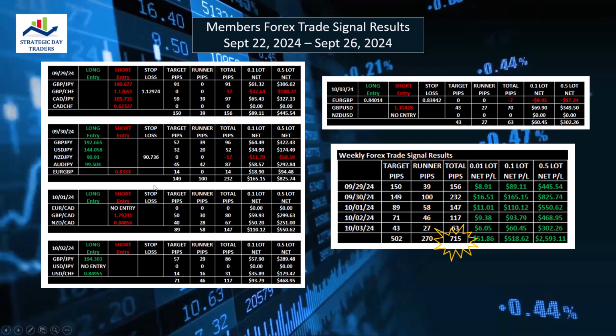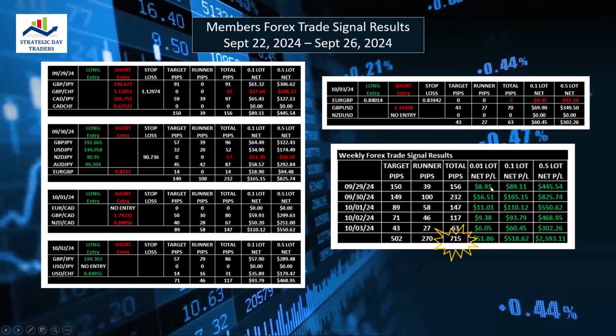The following day, also 3 for 4, and you can see my losses are maintained at very, very small numbers of pips. If you add everything up, we had a total for the week, at half of a lot, of well over 2,500, even if you were trading 0.1 lots.